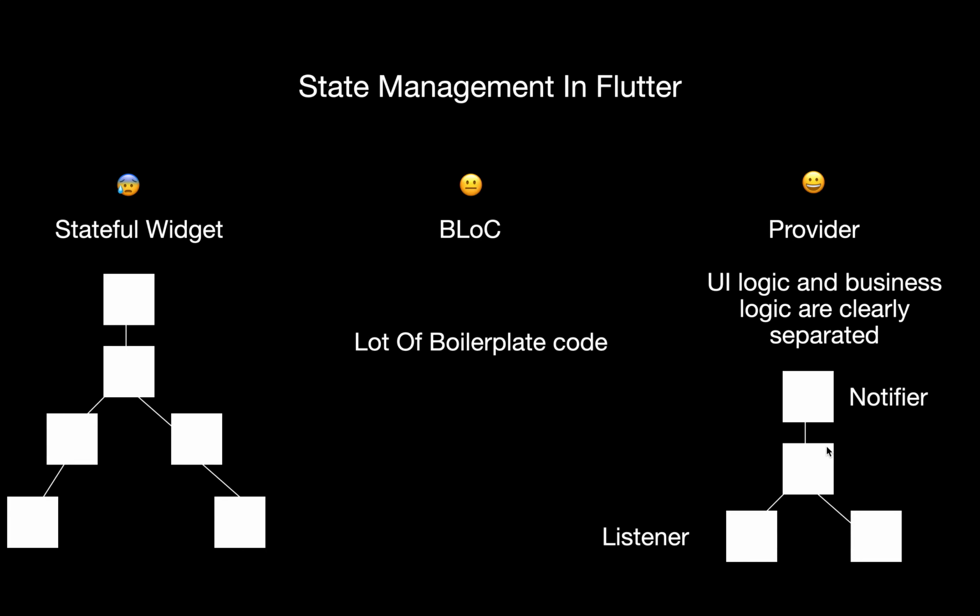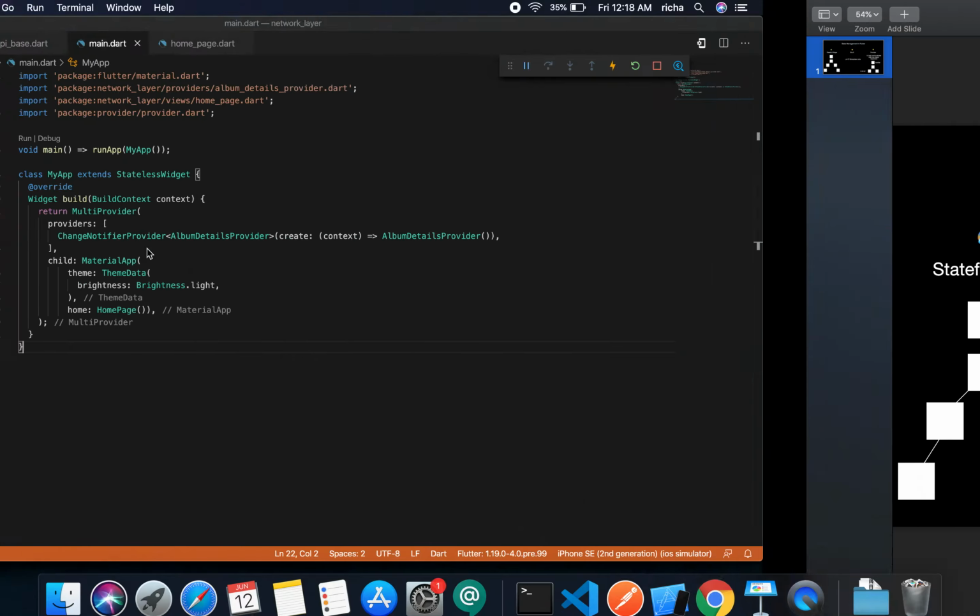It is good because you are not creating a global instance of your data and then using it. You are injecting your data from top to bottom using provider. So let's see how we do it exactly in Flutter.